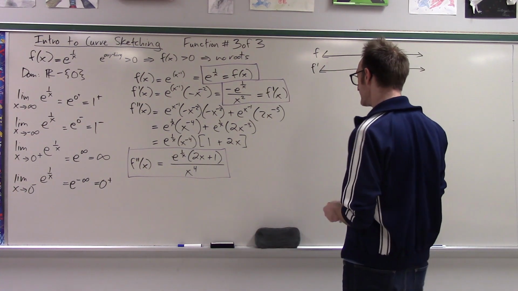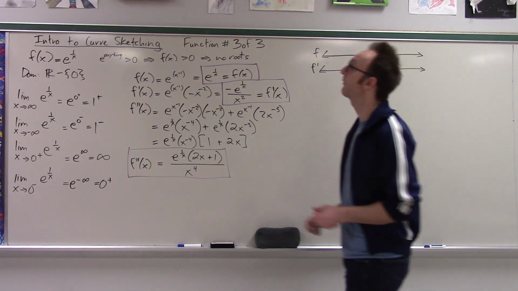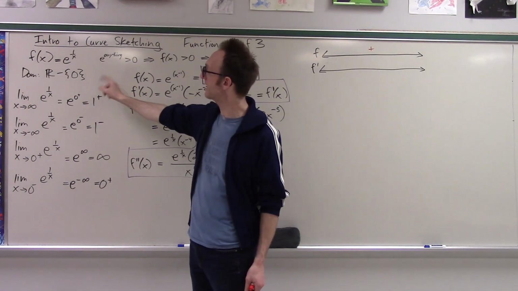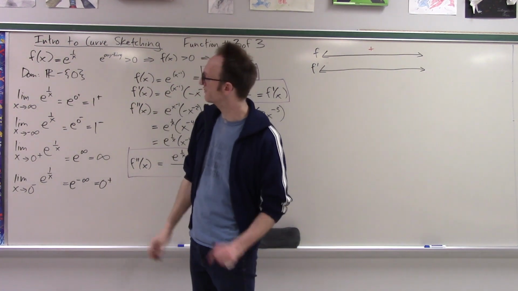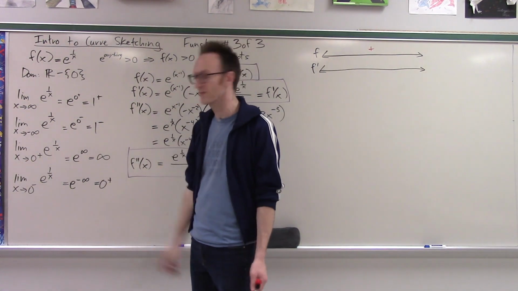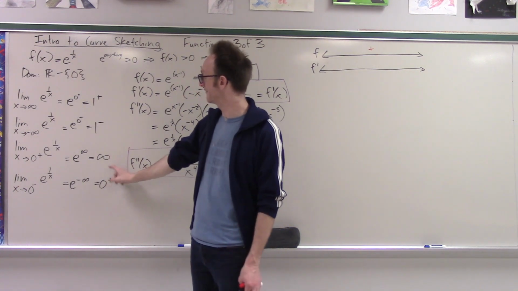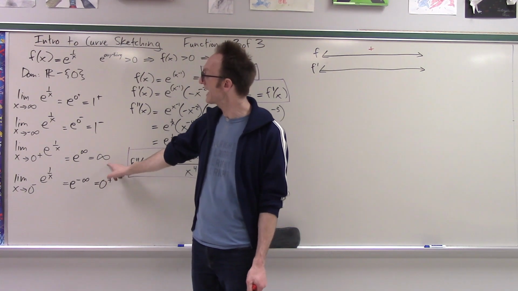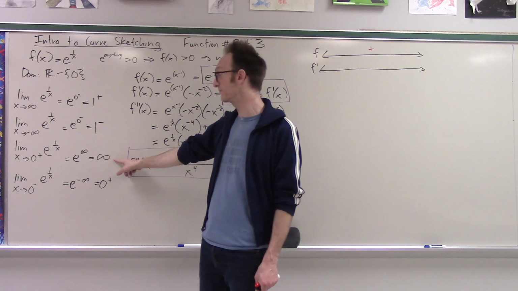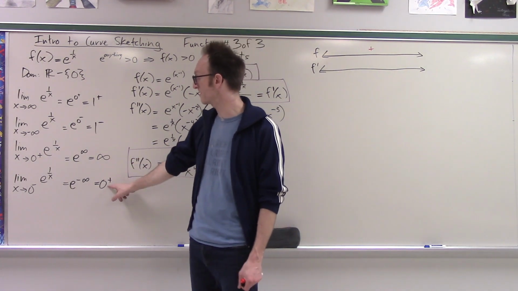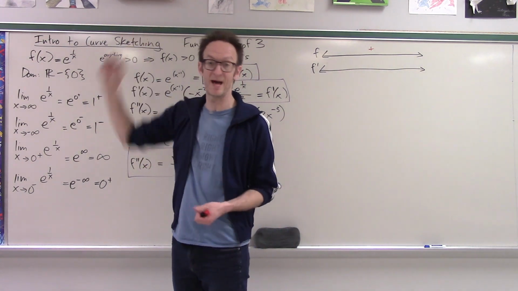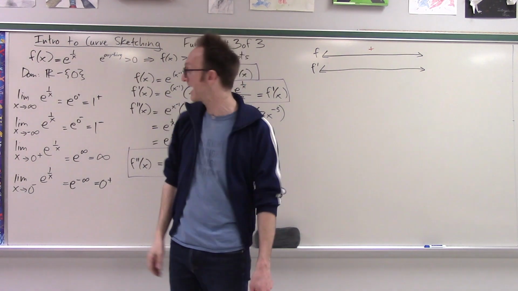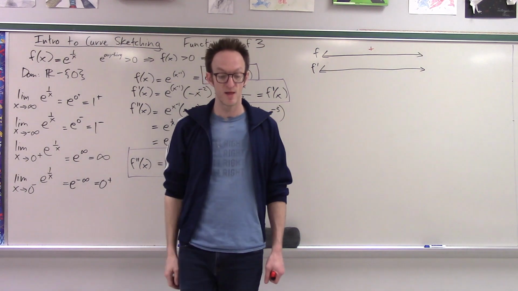However, let's not forget that this function is undefined at 0. And in fact, something sort of crazy happens at 0. I mean, we didn't even discuss this. But if x is a tiny positive number, this function's off at infinity. But if x is a tiny negative number, it's down at 0. So there's certainly some sort of crazy jump happening. In fact, it's like an infinite jump at x equals 0.